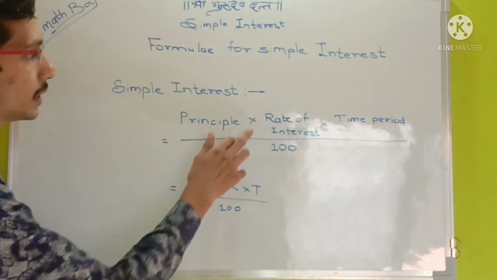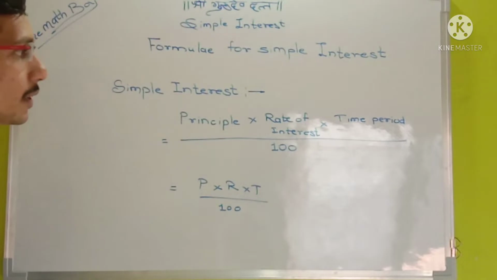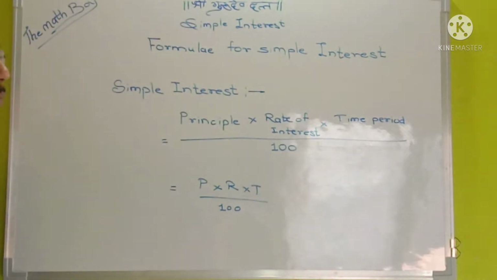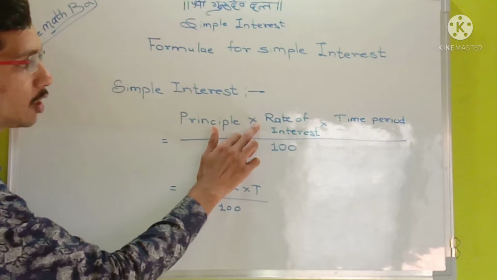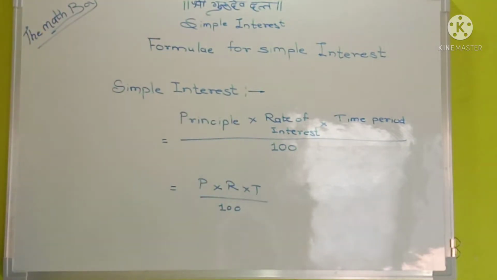Rate of interest could be 8%, 5%, or 14%. Time period means for how much time you borrow the money. And it is divided by 100, because the rate of interest is in percent, so we have to take 100 as a division.